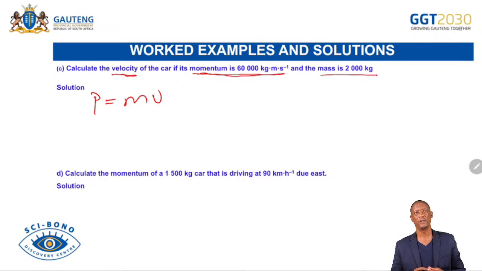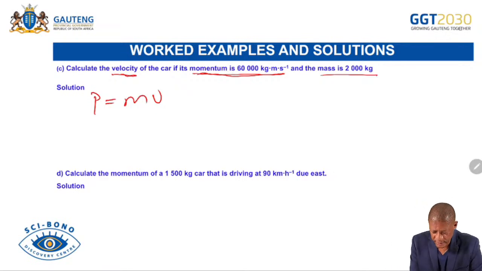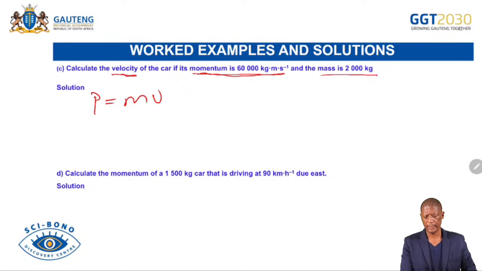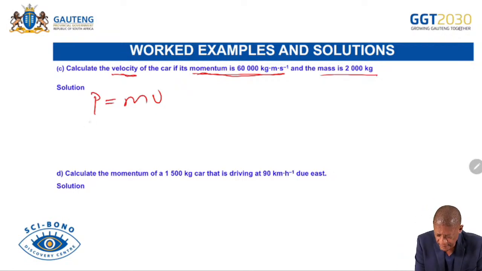Now, what am I saying here? We are given the momentum of 60,000. Sorry, the momentum of 60,000. This is momentum, it's on this side: 60,000.